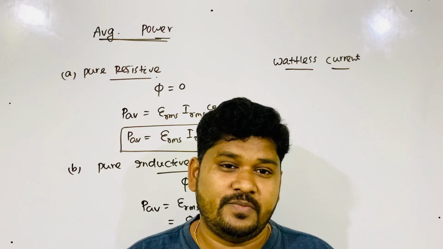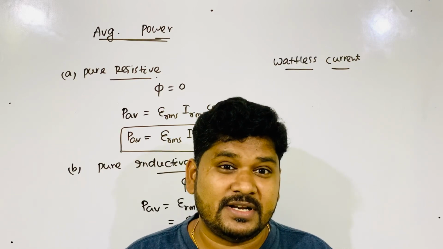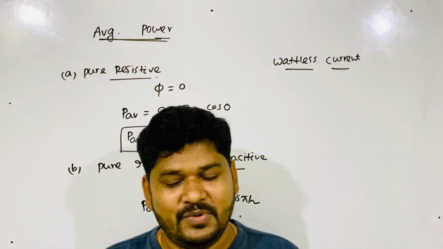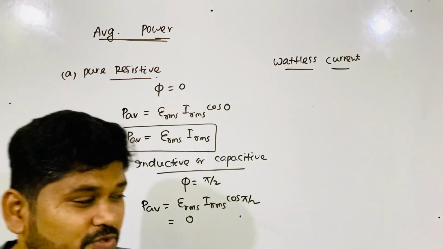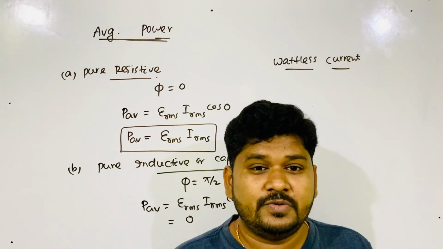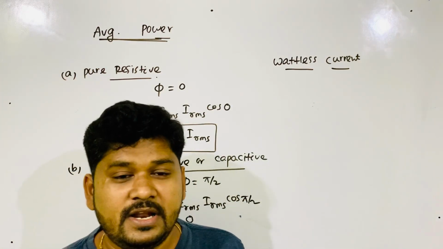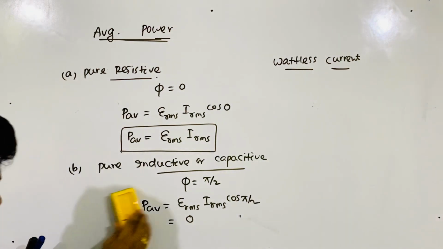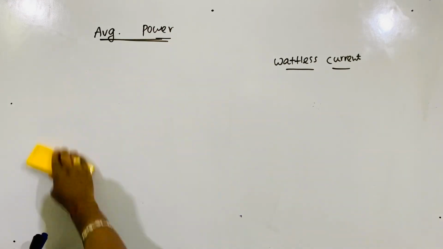So they consume no power. Then who consumes power? Only the resistor consumes power. So the current that passes through an inductor and capacitor consumes no power, so the current is called wattless current.